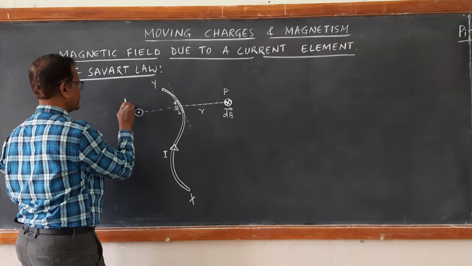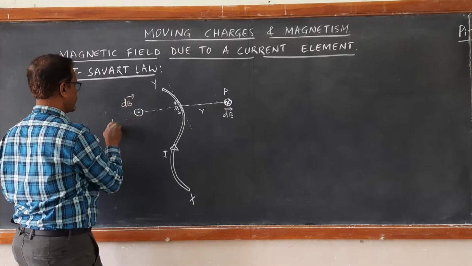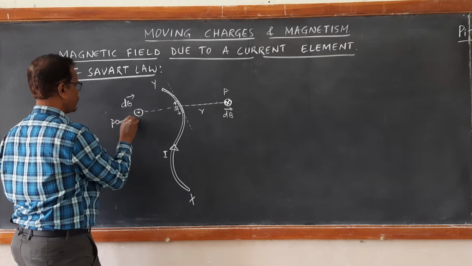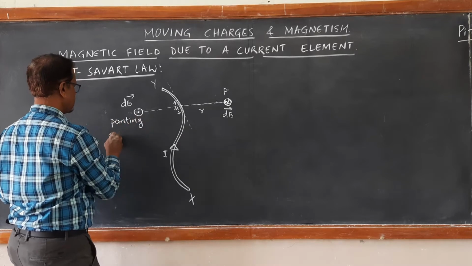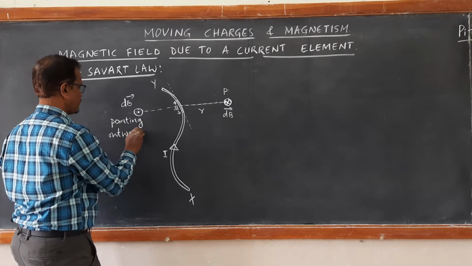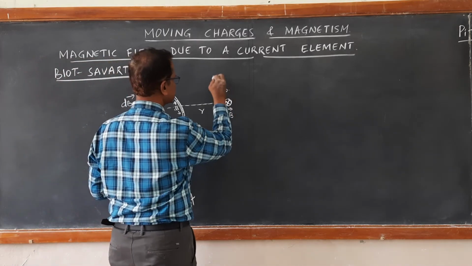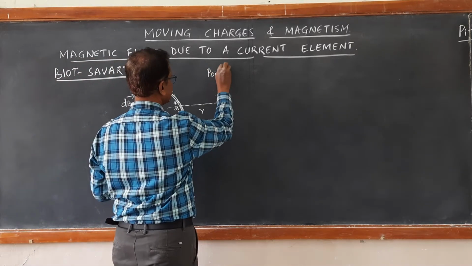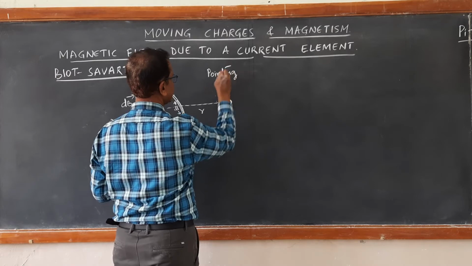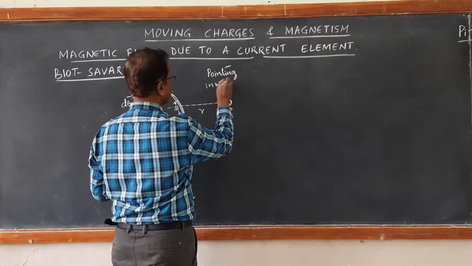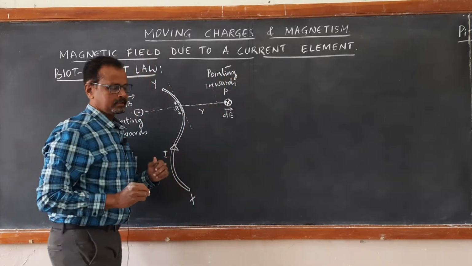So here the magnetic field is pointing outwards and here it is pointing inwards, perpendicular to the plane of the board, right?